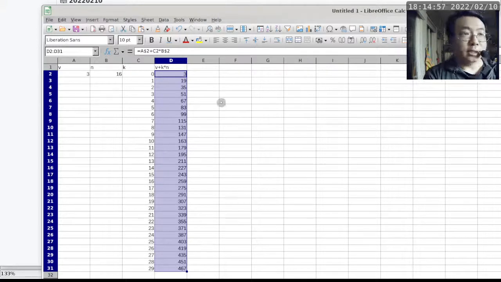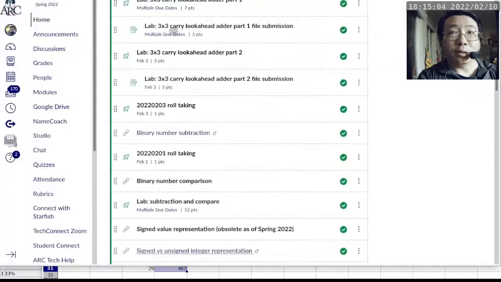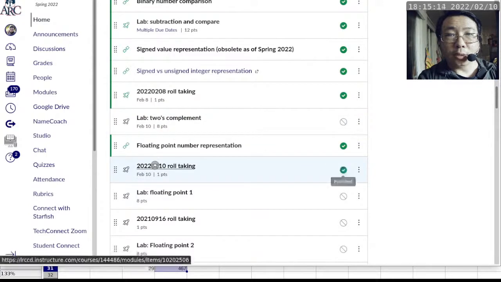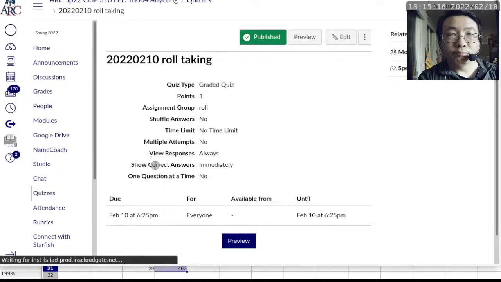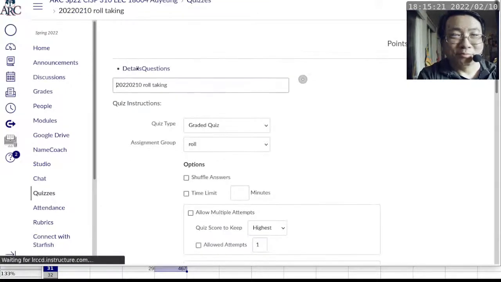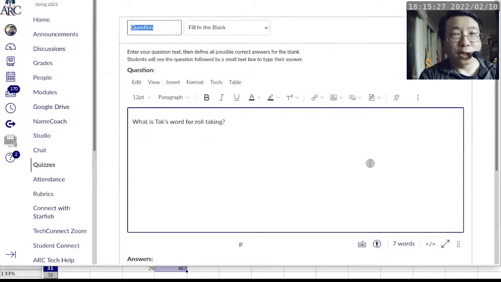All right. So my watch just buzzed, which means it's roll taking time. We are going to take some roll here, and then we'll move on. Roll taking for the 10th is right here. And the word is complementary, but don't type it, because I don't want people to mistype something, or it's possible that I'm the one who typed it incorrectly.